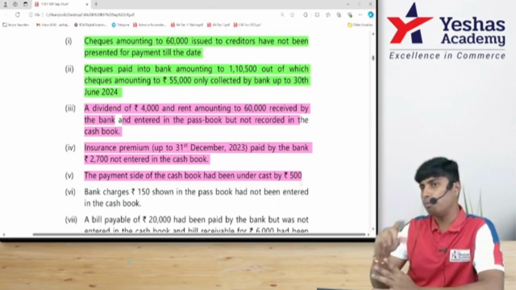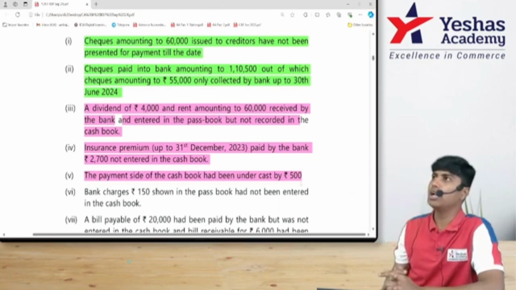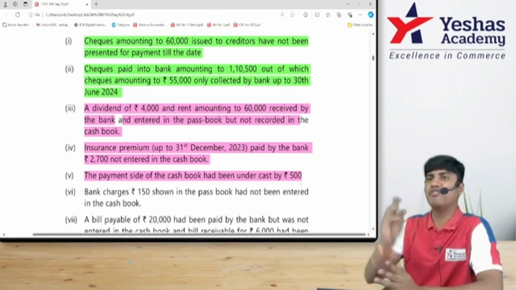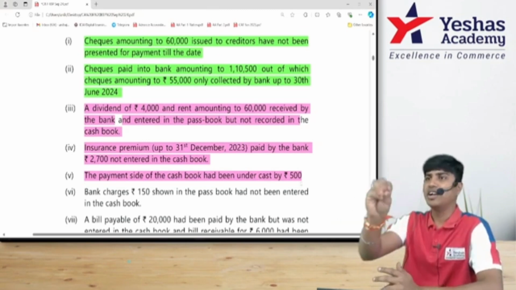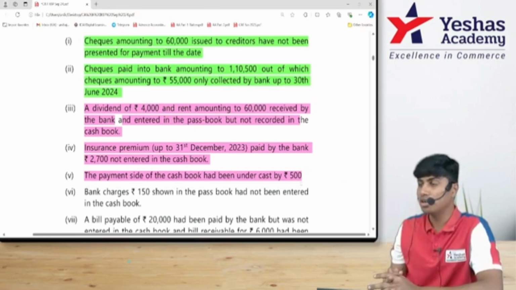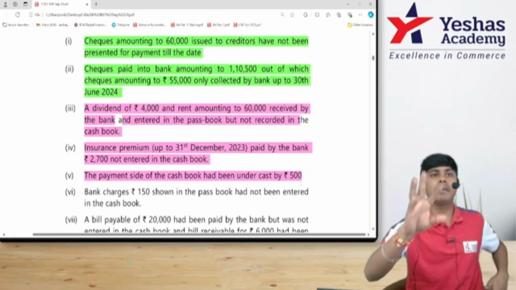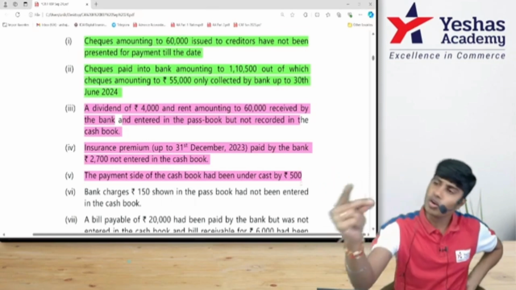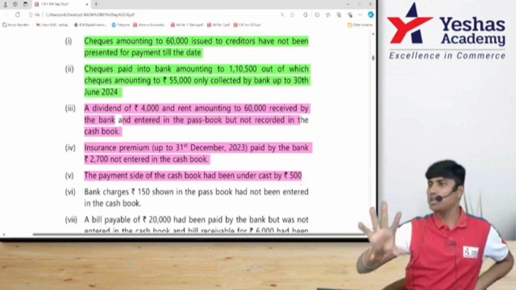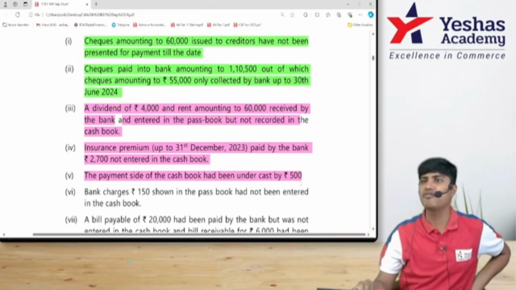Meaning, let us say you paid somebody 5,000 rupees, but you recorded only 4,500. 500 rupees is not recorded. You got it? Payment is undercast. Your payment is 5,000, you recorded payment as 4,500. Basically, you have undercast your payments by 500.